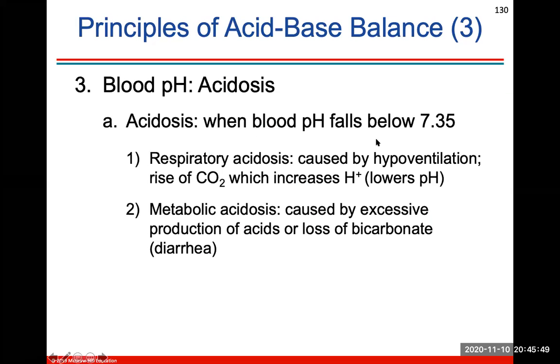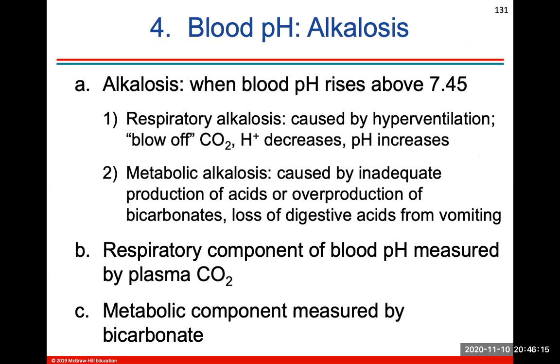When your blood pH falls below 7.35, we can have respiratory or metabolic acidosis. Respiratory acidosis is caused by hypoventilation, where the rise of carbon dioxide levels increases the hydrogen ions, so it lowers the pH. Metabolic acidosis is caused by excessive production of acids or loss of bicarbonate, such as in diarrhea.